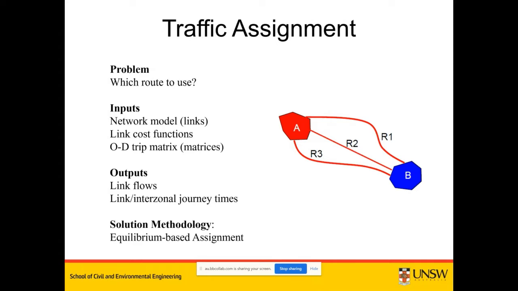Now the question is, which route will somebody take going from A to B? Some of the inputs, to refresh our memories, are the network model: I need to know the network structure, the topography of the network, where the nodes are and where the links are. I need to know the link cost function. Each link will have a cost function, a travel time function, which tells me the relationship between the volume on the link and its travel time or travel cost.